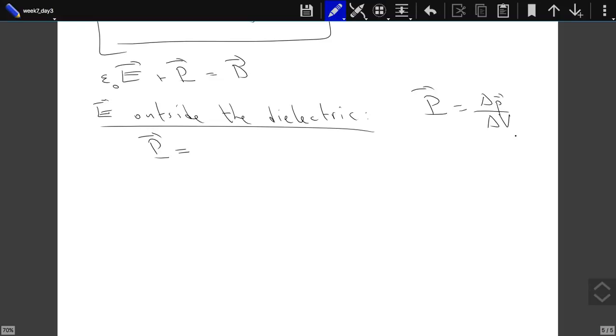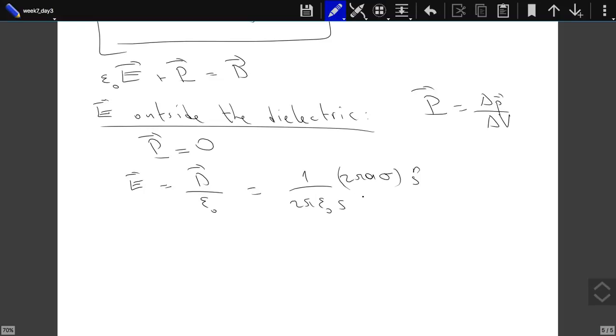So what is the dipole moment here? Remember, this is empty space. 0. Nothing can create a dipole moment. There are no charges over there. So the polarization outside the dielectric is 0. So outside the dielectric, the electric field is nothing but the displacement field over epsilon 0, which is 1 over 2 pi epsilon 0 s in the s hat direction multiplied by 2 pi a sigma.